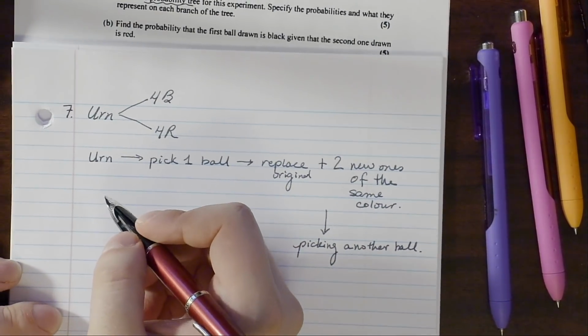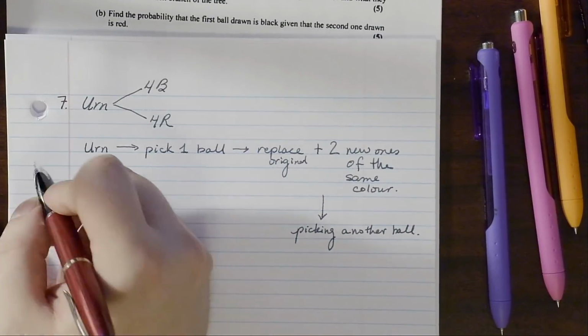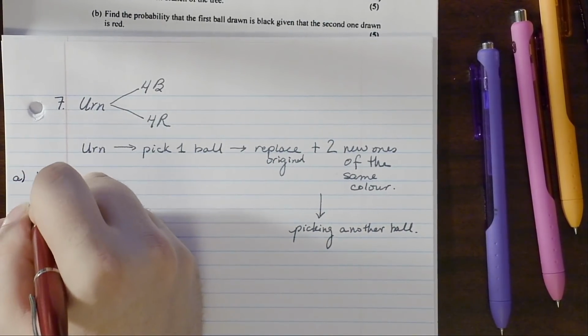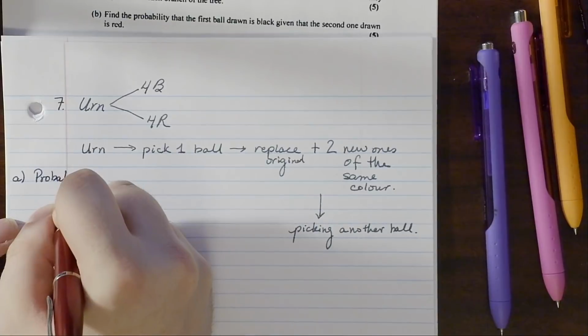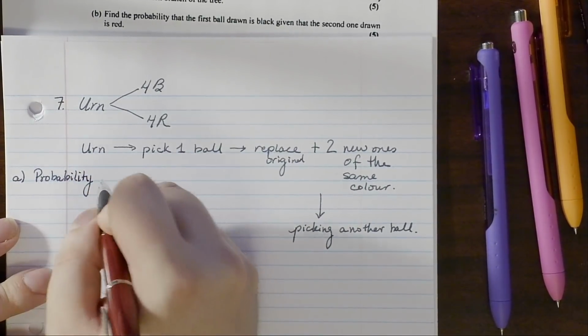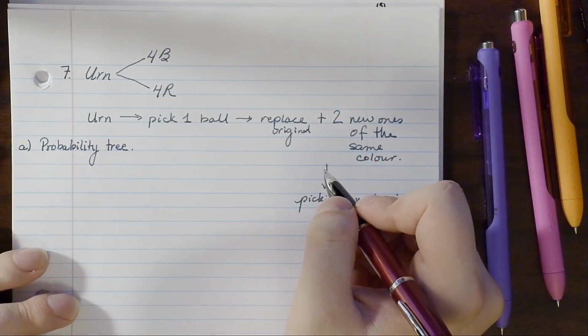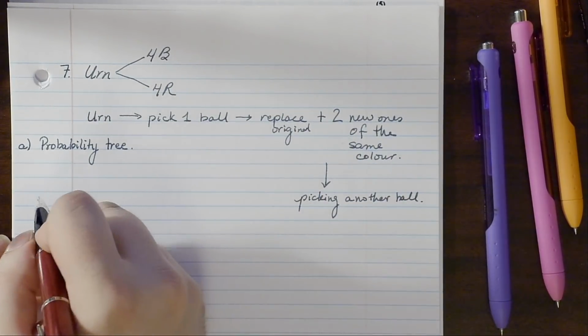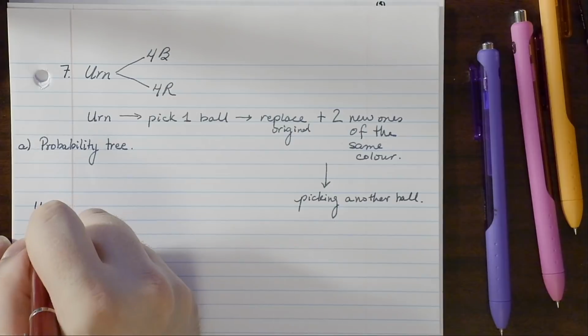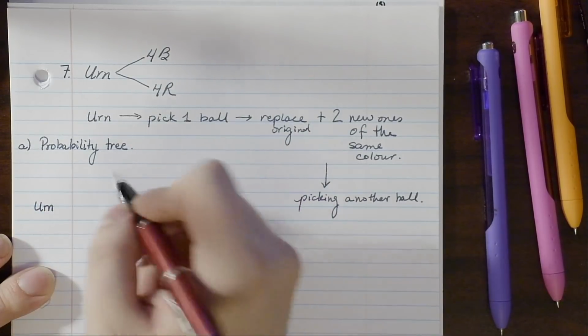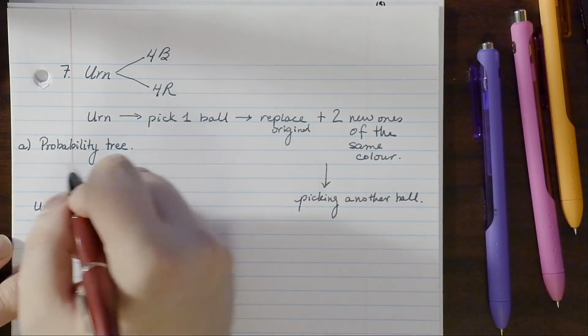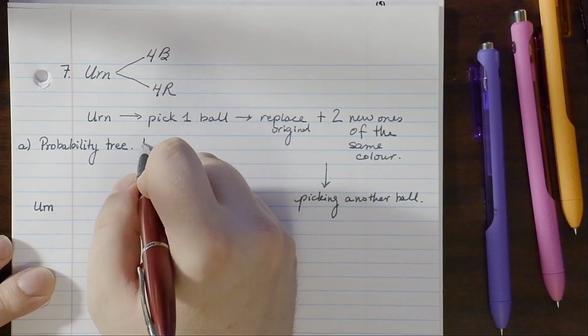Okay, so the probability tree, part A. I'll just draw this in, starting with my urn. What I'll do is define my events.